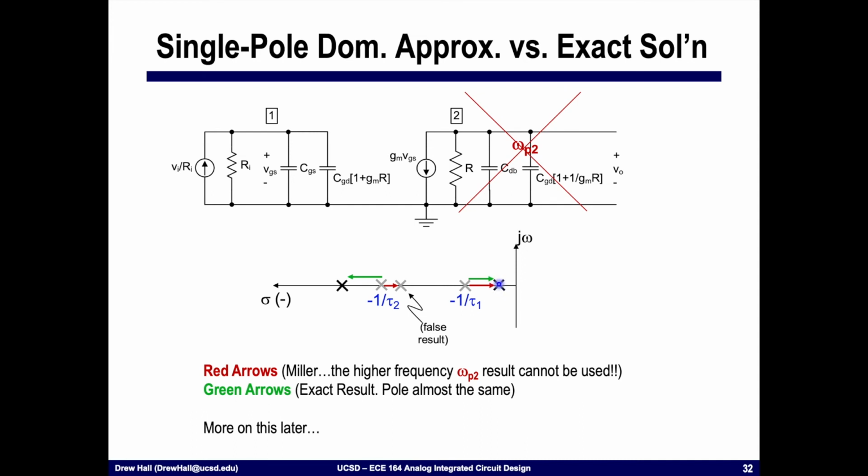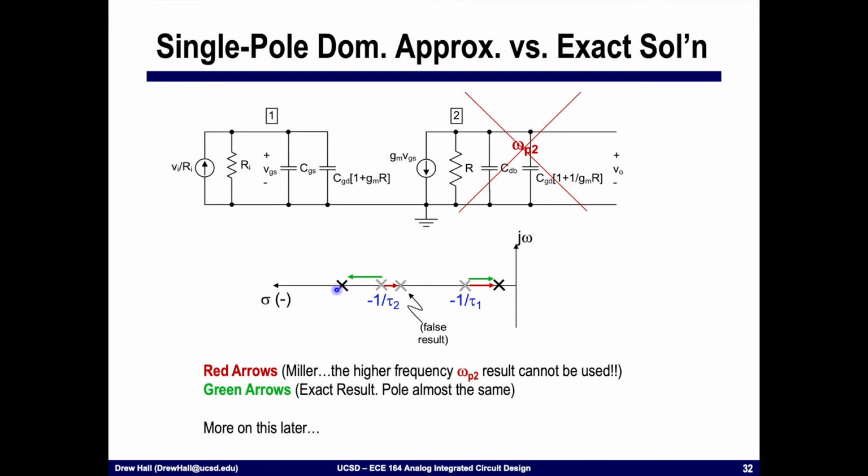So the exact solution gets that right, and this single dominant pole approximation gets that right. Okay. The problem is in this non-dominant pole. Okay, so the exact solution says that the non-dominant pole is pushed out in frequency. That means that it's increased in frequency. This is where it gets the name of pole splitting, it's pushing the poles farther apart.